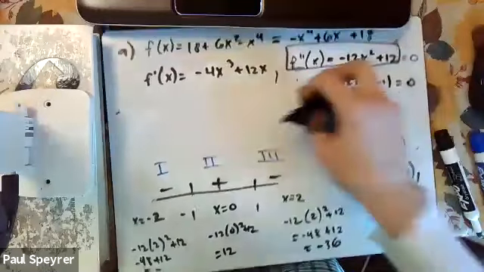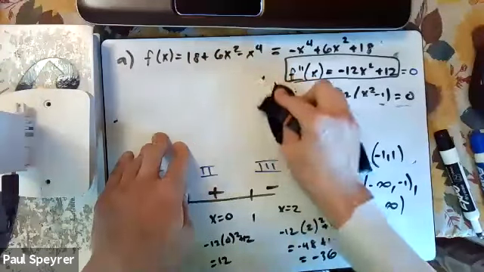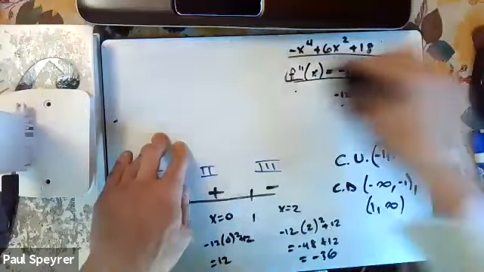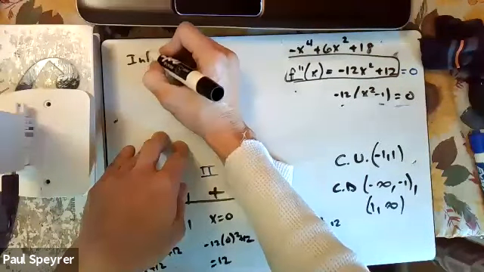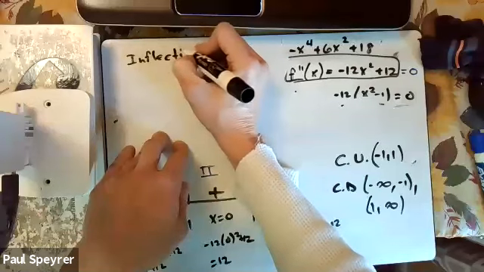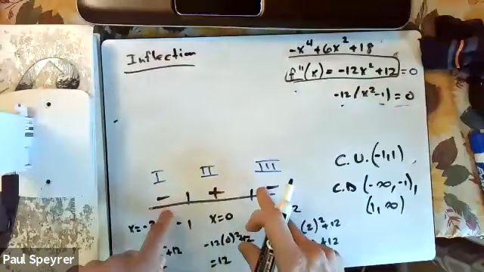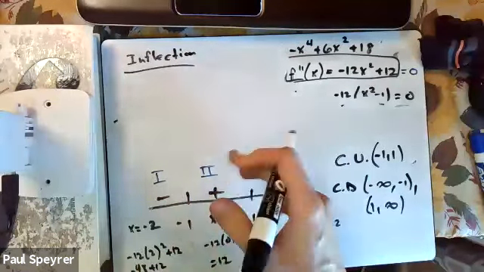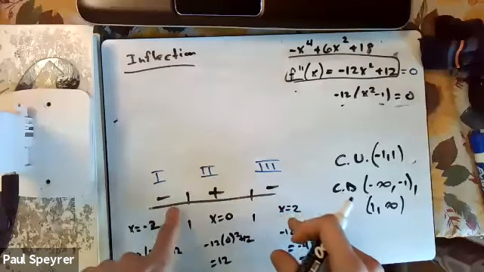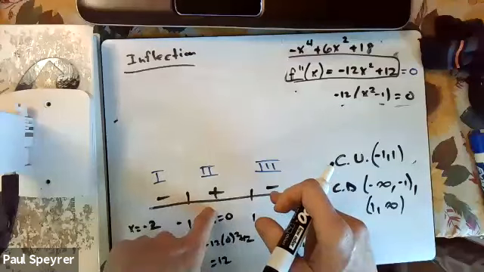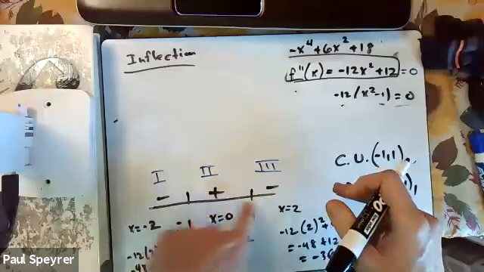Do we have inflection points right here? Yes, we do, right? Remember, inflection is where you have sign changes between the second derivative critical values. So notice how we went from negative to positive, right? And then positive to negative.